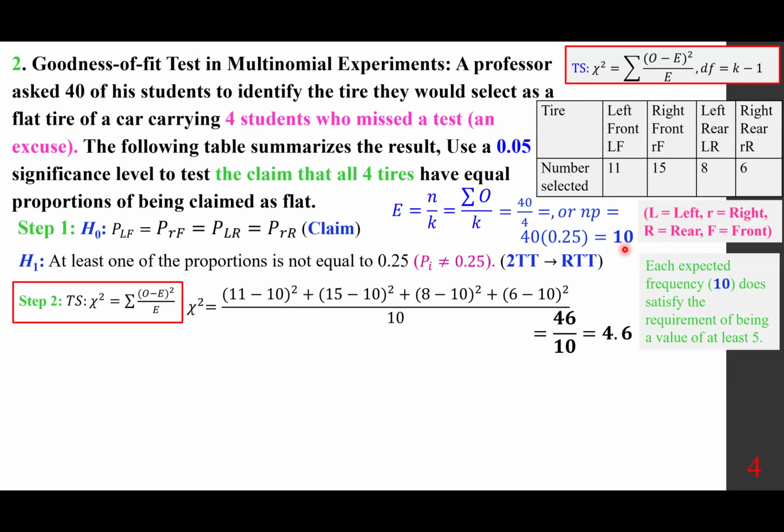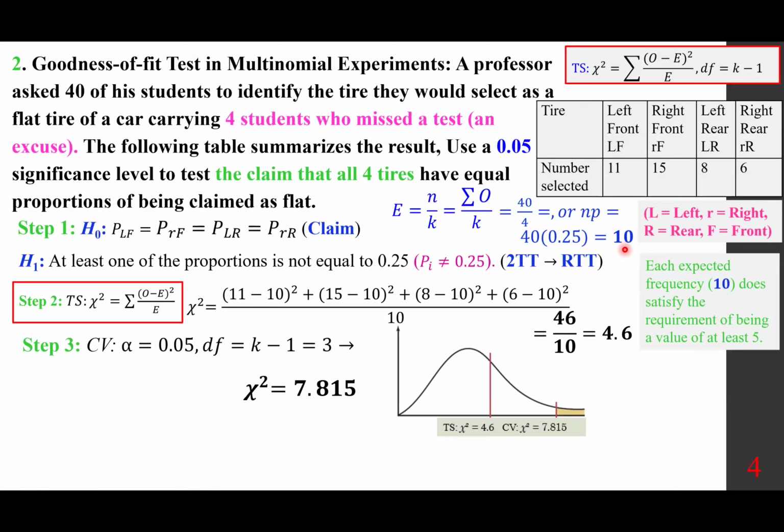The critical value remains the same as the previous example because we have 4 categories, and 4 minus 1 gives us 3, and chi-squared is 7.815. If we do the drawing, here's the tail. Chi-squared 7.815 is the critical value. The test statistic puts us way into the non-rejection region.